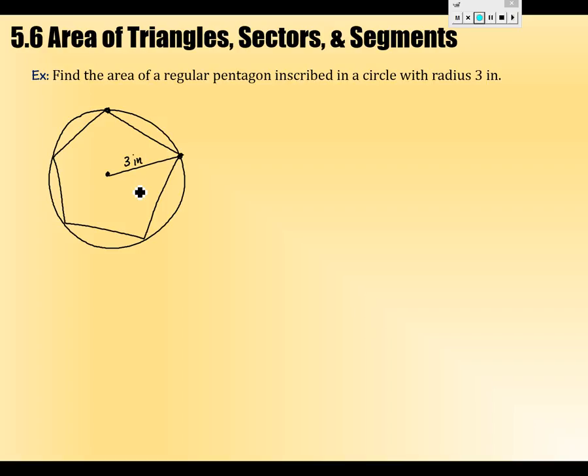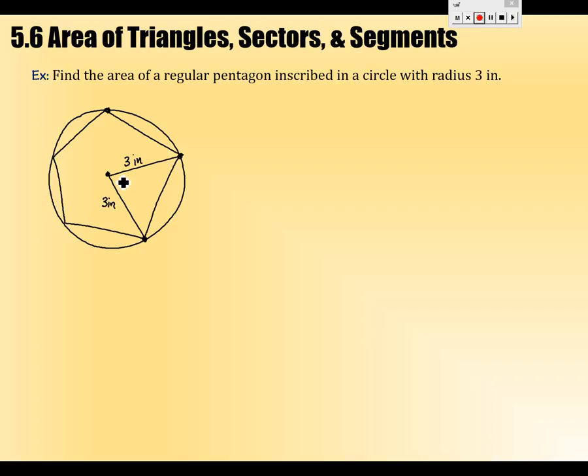Wait, is it 1/2 times 3 times 3 times 72? So what's the way in on this? Are you guys getting it? You're not done yet. How do you get 5 triangles? Is that what you're saying? I think I like that idea. So this is 3 inches also.